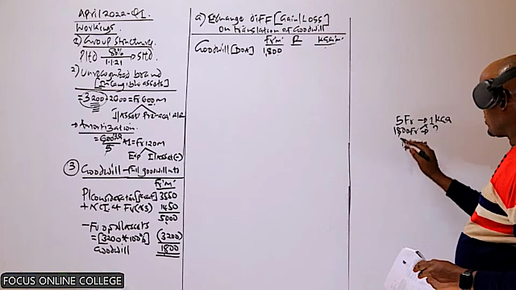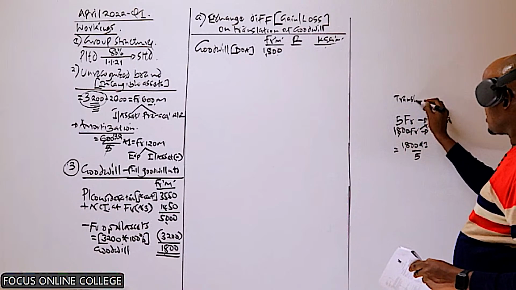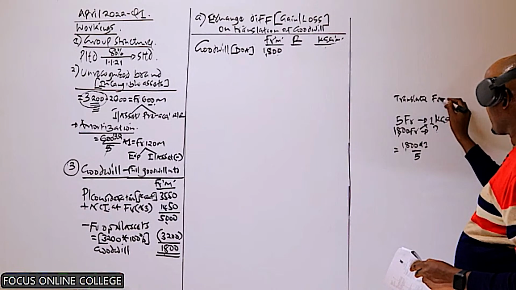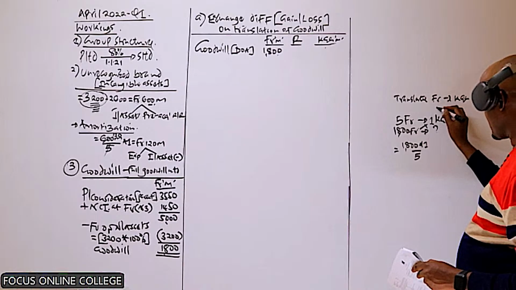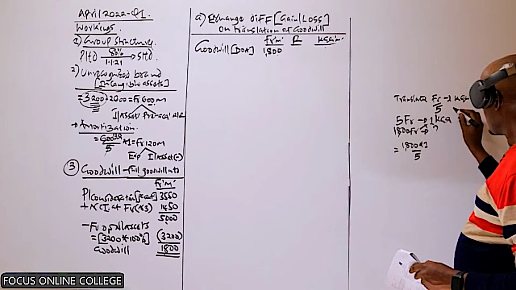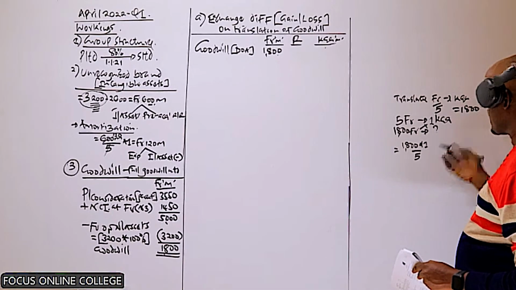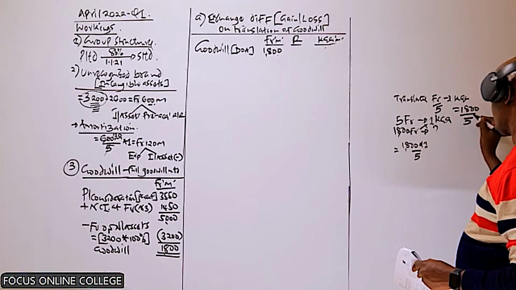What is important for you to note here is that in translating franc into Kenyan shillings, you take the figure which is in franc and divide it by the exchange rate. Like in this case, 1800 is in franc. To translate that into Kenyan shillings, you divide that with the exchange rate.